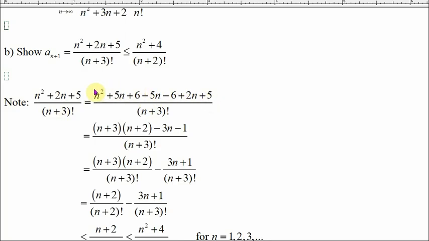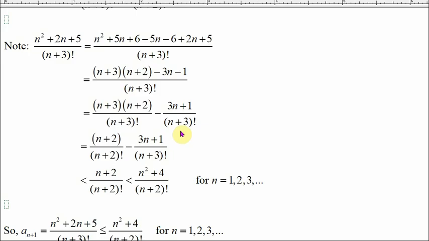And then the n squared plus 5n plus 6, the factors are n plus 3, n plus 2, and the rest of it is just minus 3n minus 1. And then we can rewrite this as (n plus 3) times (n plus 2) over (n plus 3) factorial, and then minus (3n plus 1) over (n plus 3) factorial.